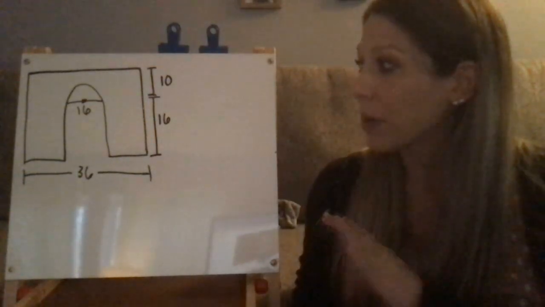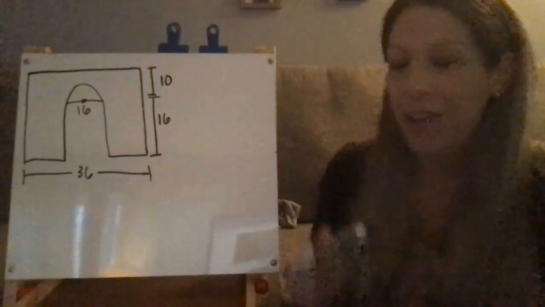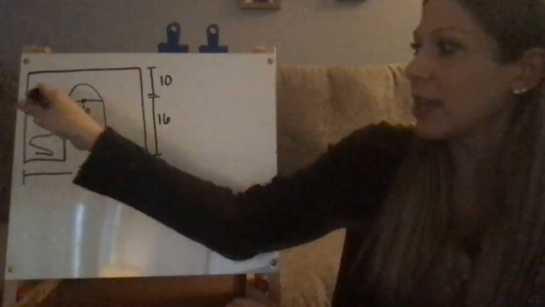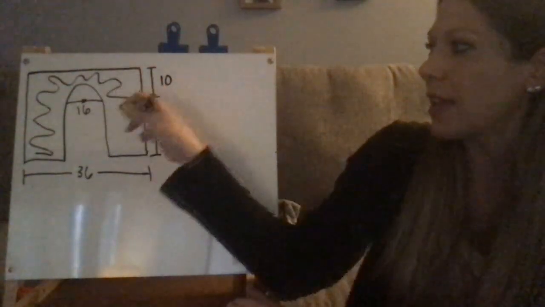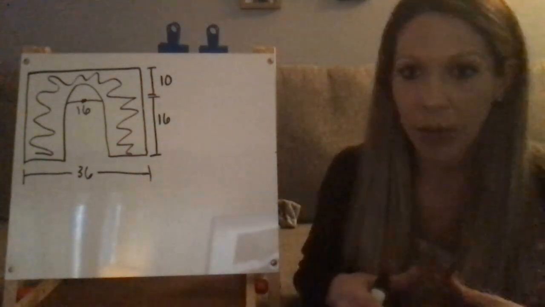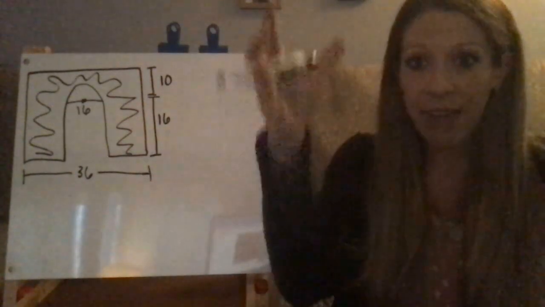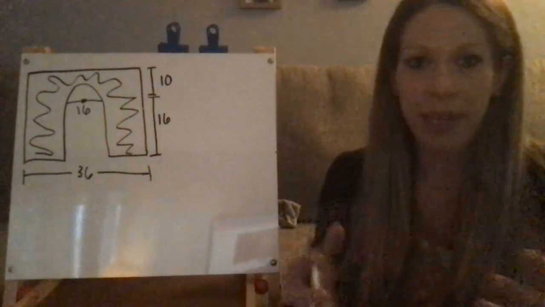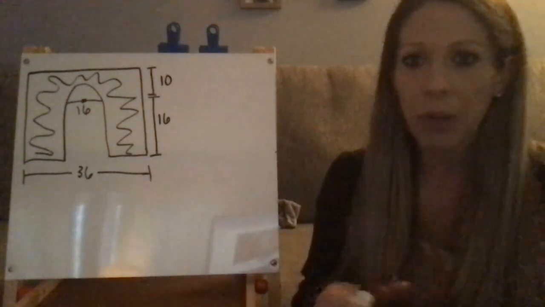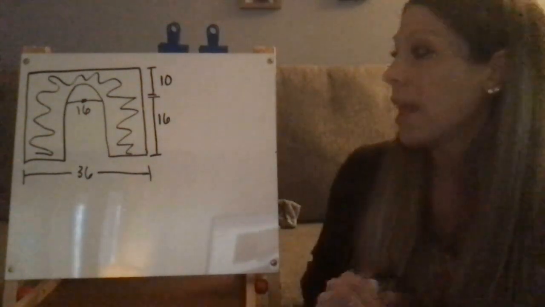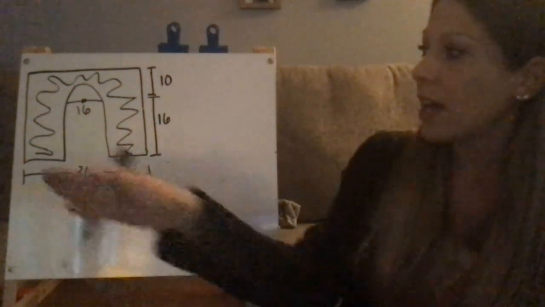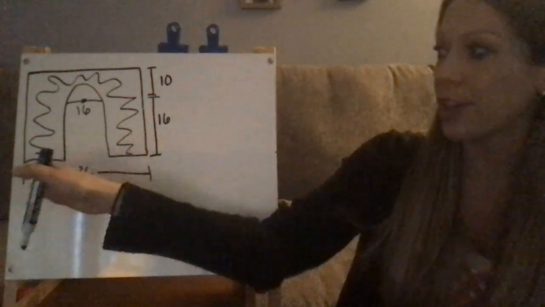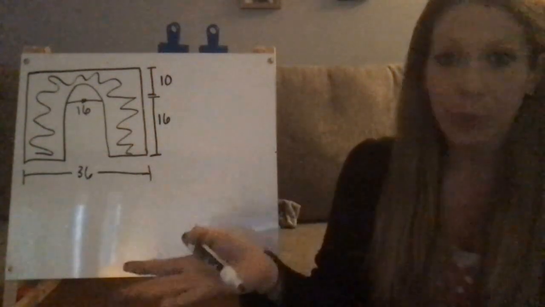But for this one, what we're going to do is find the area of the wall. And so here's the area of the painted wall. We've got this archway that's being cut out. So we want to take the area of the whole piece that we have there, but then we want to subtract out that archway because it's a door. We're not painting that piece of it. So if I want to find the area of the whole thing first, it's a rectangle.